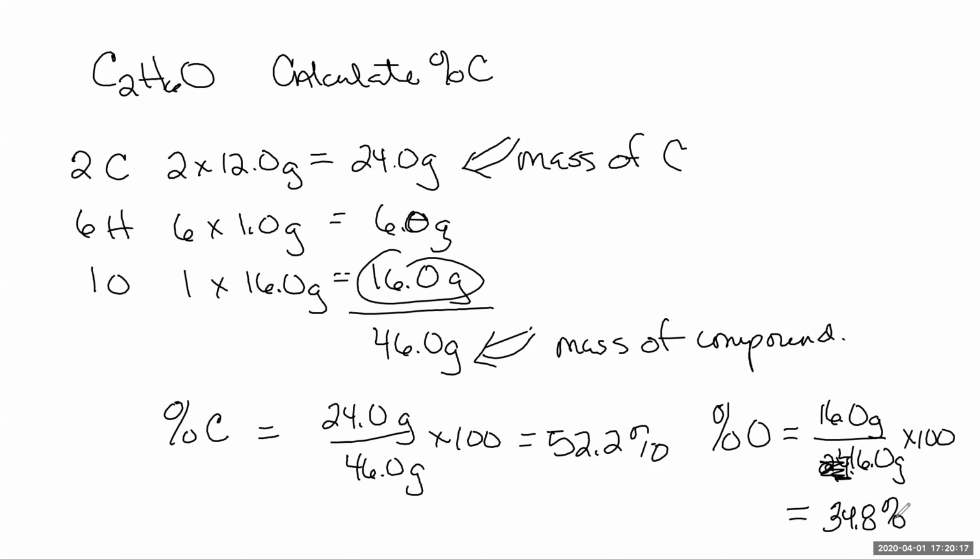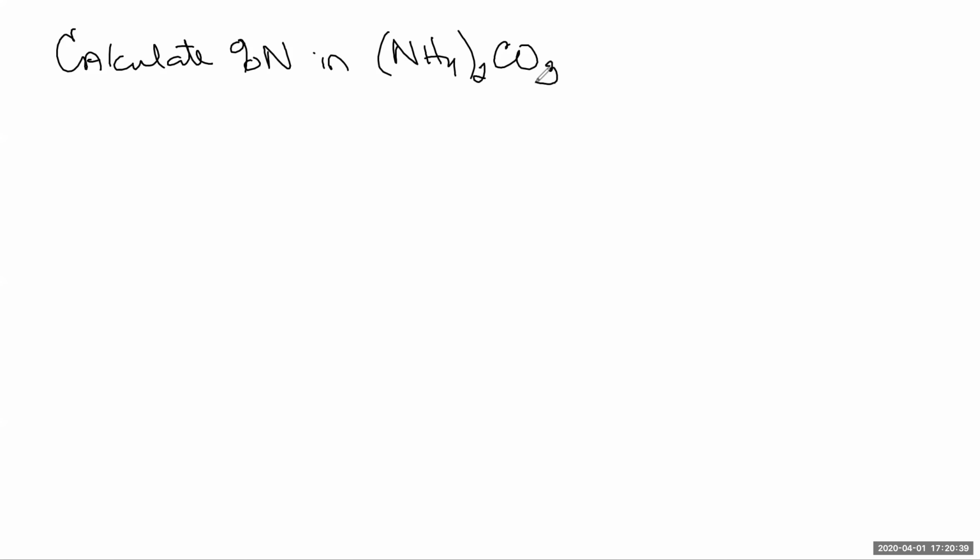So I'm going to try one more. You can put me on pause and try to do the work and see if you get the same answer as me. So calculate the percent nitrogen in the formula NH4CO3.